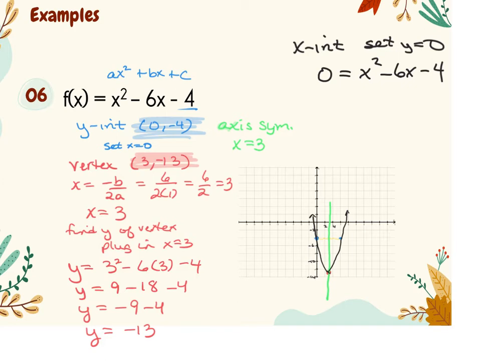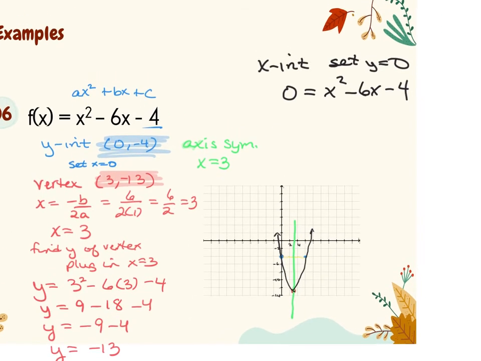Now, to find x-intercepts, you can either factor it, do quadratic formula, or completing the square. I cannot factor this. There aren't any factors of -4 that give me -6. So I'm going to do quadratic formula because I'm also going to do this with completing the square. So I want to show you both options. So let's do quadratic formula.